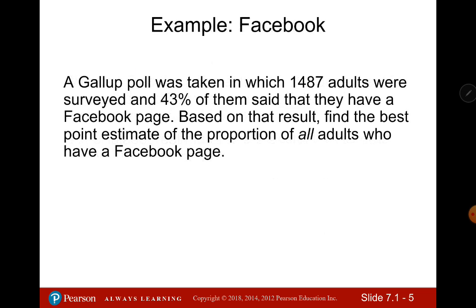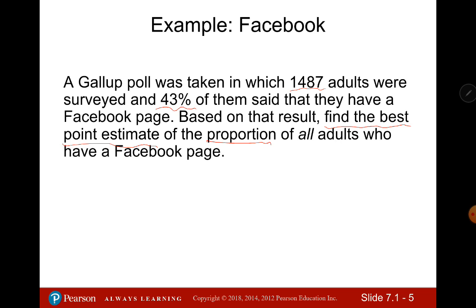Let's check the example. In this example, we know some information. We have 1,487 adults, and 43% of them said they have a Facebook page. Based on the information, we want to find the best point estimate of this proportion.